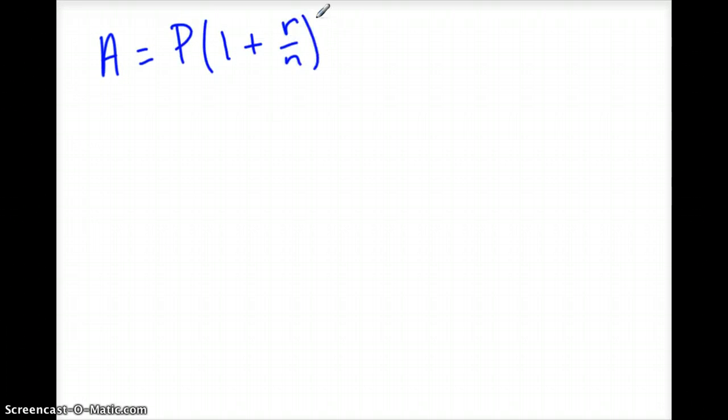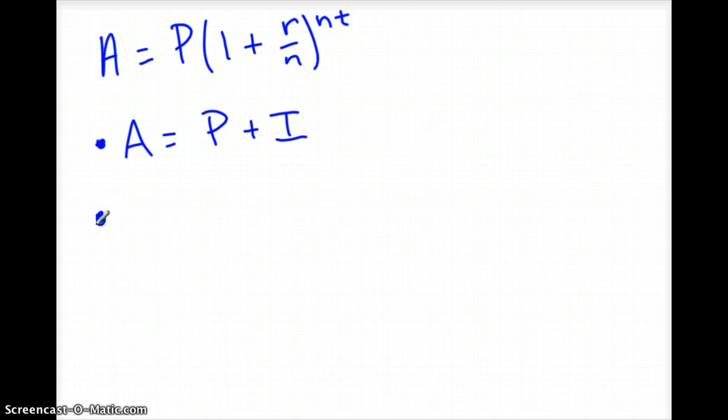Now, a few things that we want to cover before we dive into some questions. First of all, remember the A value in our different formulas, for example, the compound interest formula. Remember that A is the principal plus the interest.